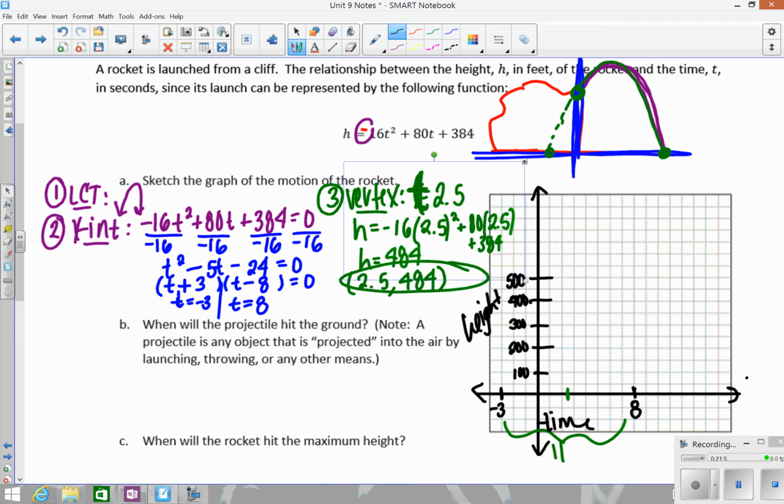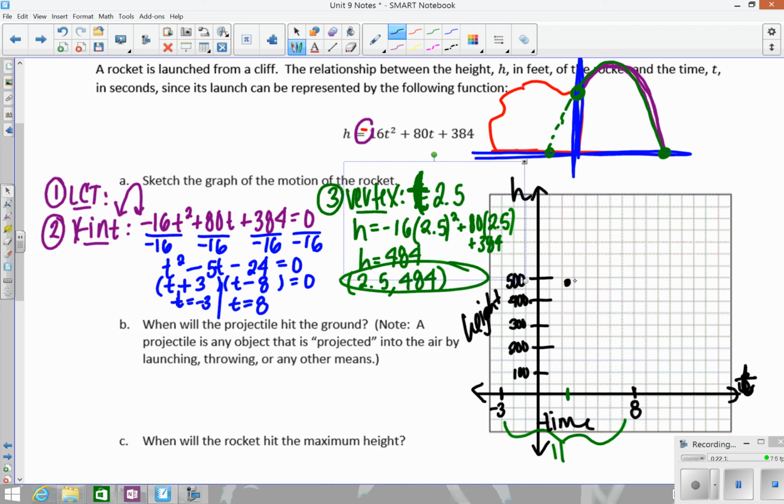So what we're going to do then is plot that vertex, 2.5 up 484.